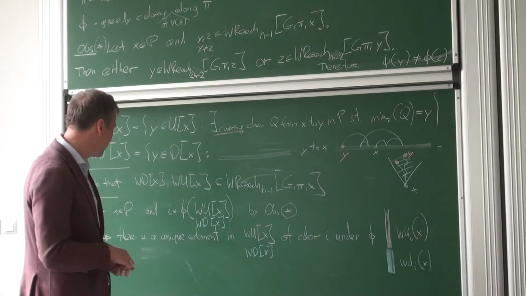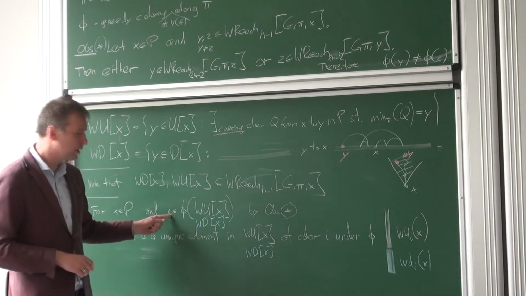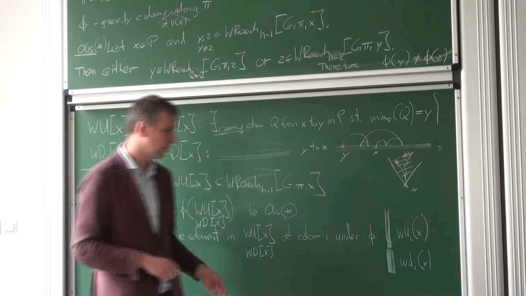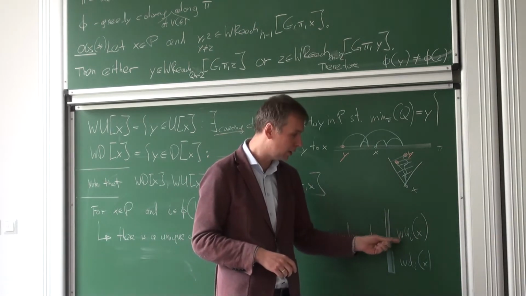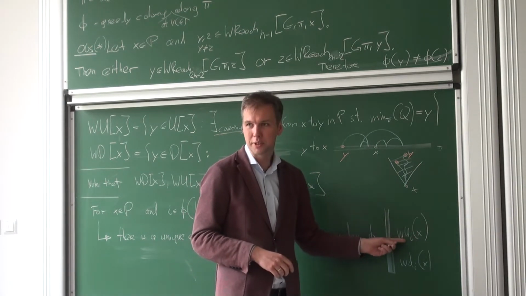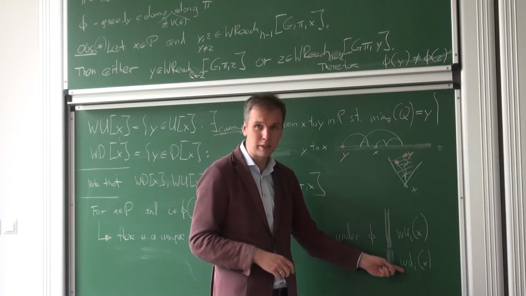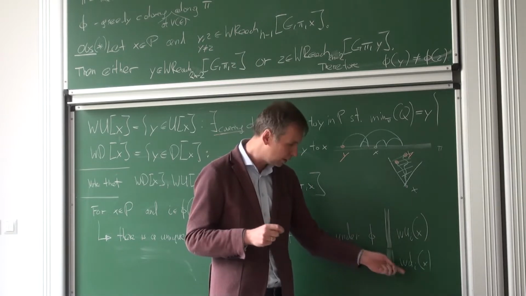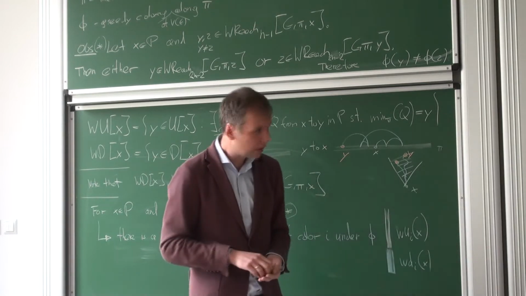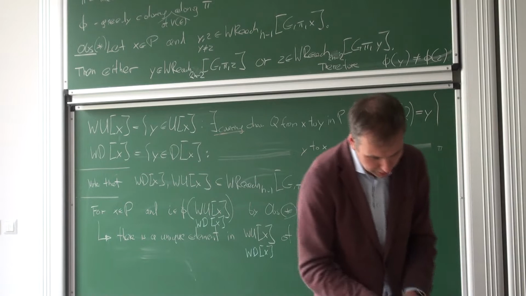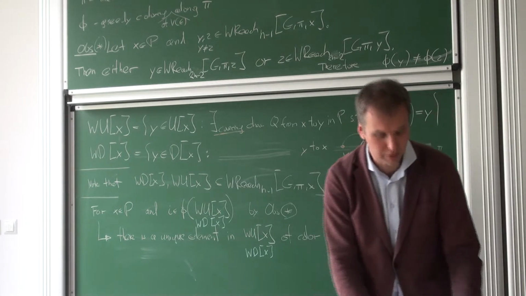So whenever we know that the color appears, we can point to an element, the element of color I in the weak upset of X, and likewise the element of color I in the weak downset, if I is there. Okay, so that's almost everything we did at the end of the last lecture.